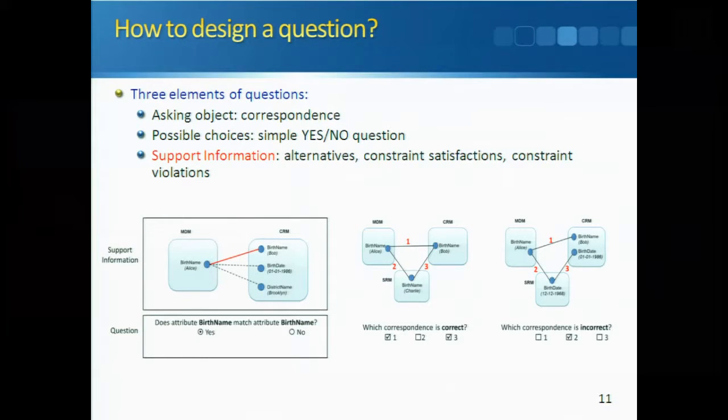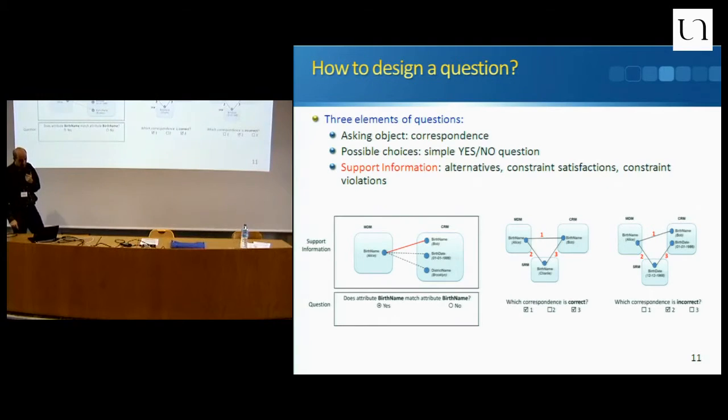For the question design, we have essentially some schemes of types of questions which we pose. One of them is where we present a pair of schemas with some possible alternatives, which are also generated by the matcher.